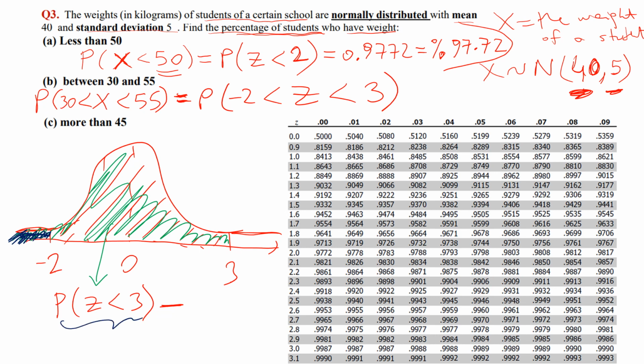The green part comes from the table, again 0.9987.